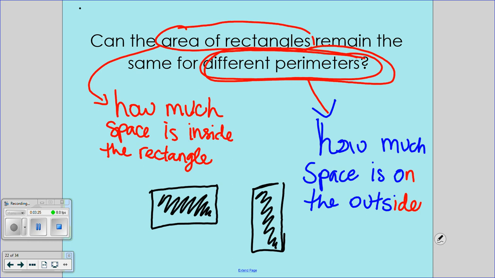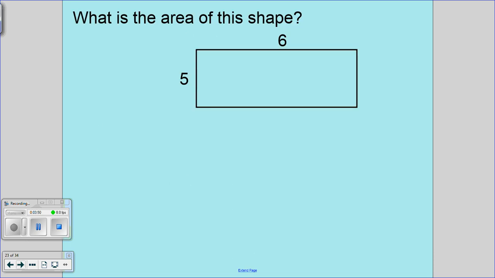It's kind of a tricky question. Can two different rectangles that have the same area have different perimeters, or do they have to have the same perimeter? That's tricky. We're going to keep that question in the back of our head, and we're going to move on and hopefully have another way to answer that.